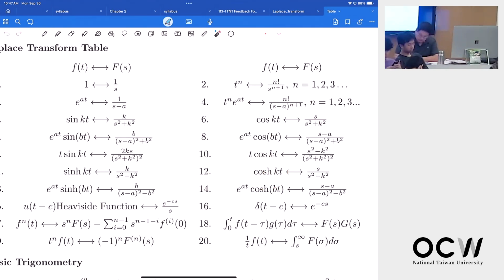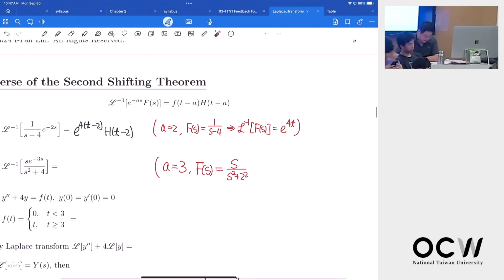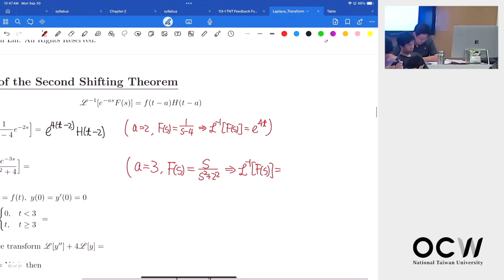So here you can see that S divided by S squared plus K squared is cosine. So this is cosine 2t.